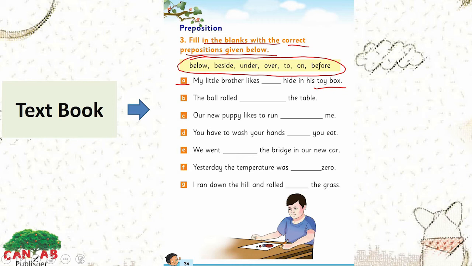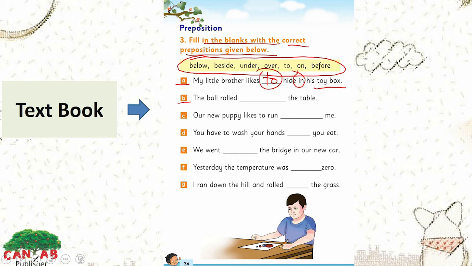What will be the correct preposition here? Yes, to hide in his toy box. Here we have two prepositions, "to" and "in," in this one sentence.